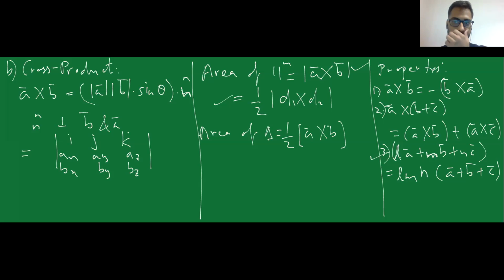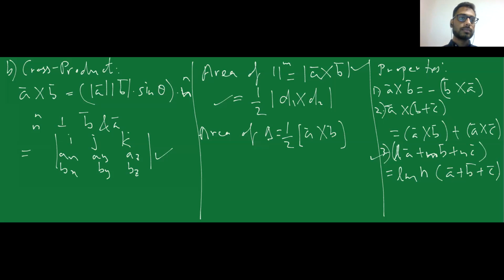So you can easily understand this property by understanding the representation of cross product as a determinant form. In a determinant, I can easily take out anything common from one particular row.